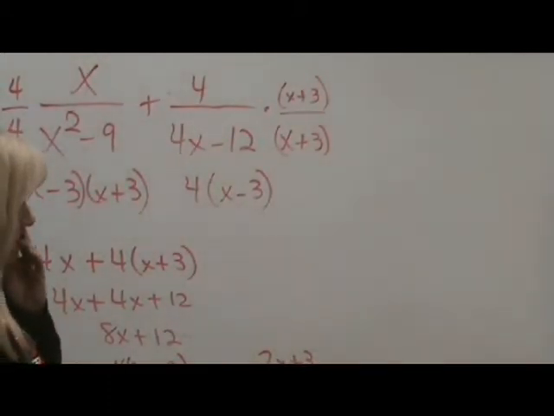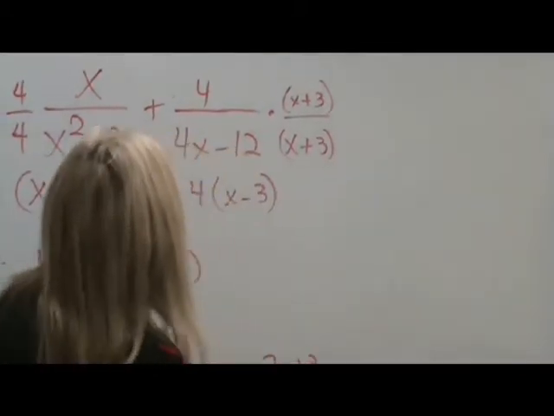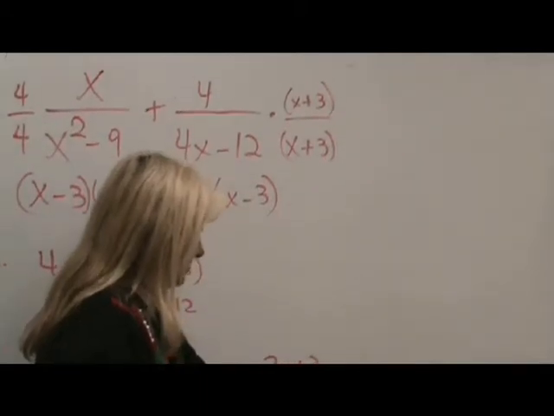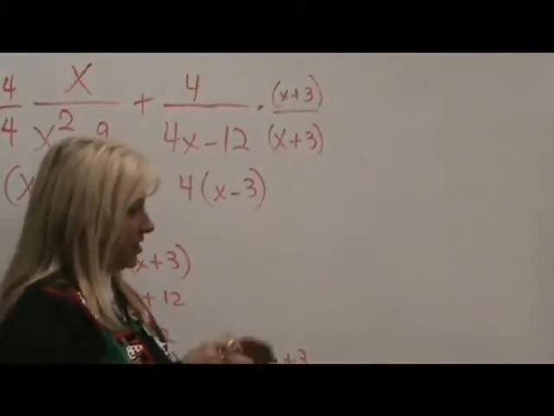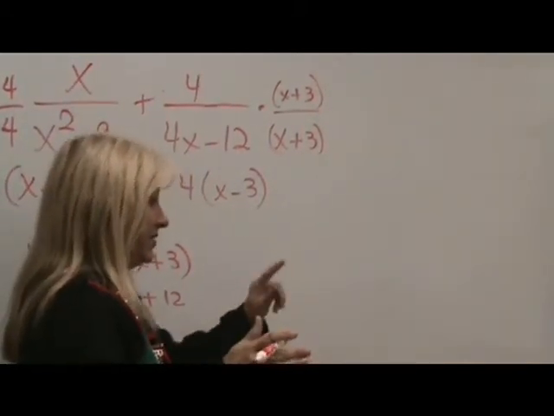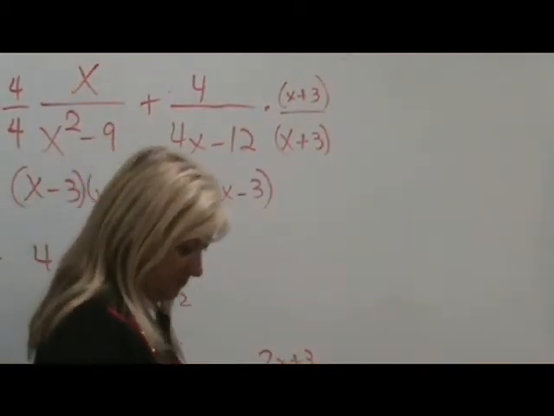Maybe that's why I got so many wrong. Okay, because I'll show you this one, and you have to put it back over the common denominator. But then when we have an equals mark in there, we multiply through by the common denominator and get rid of it. Maybe that's the difference there.